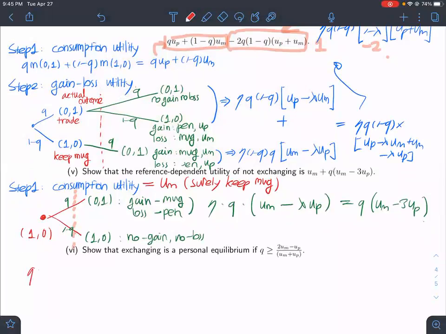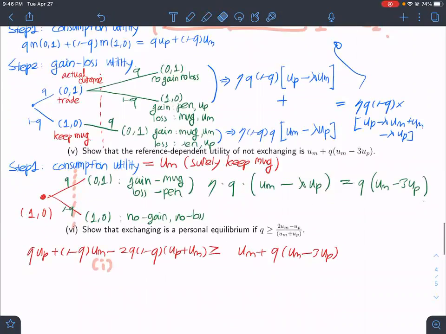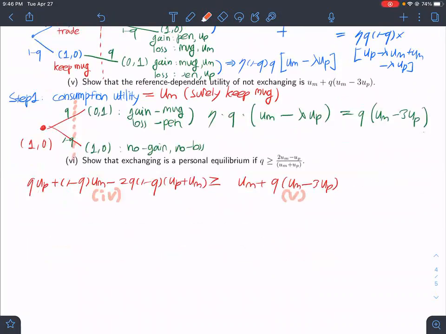We have QUP plus 1 minus Q UM minus 2Q 1 minus Q, UP plus UM is better than keeping them, not exchanging: UM plus Q UM minus 3 UP. This is the answer for one. I'm sorry, answer for question 4. This was answer for question 5. So question 4 should be larger than question 5.